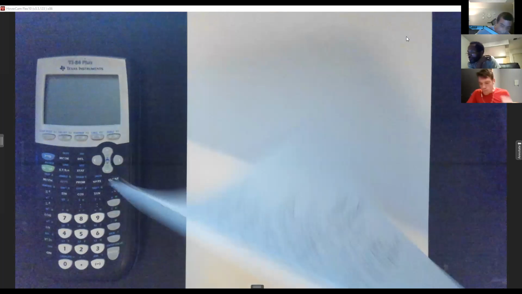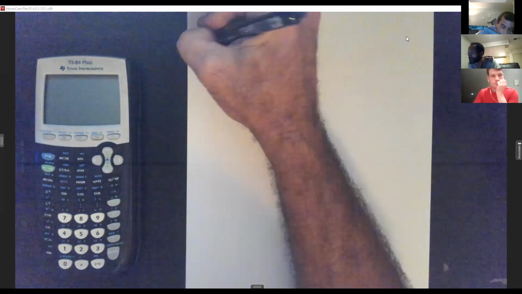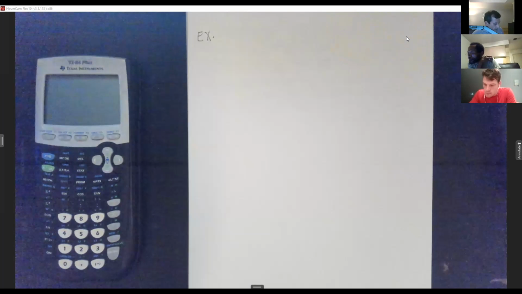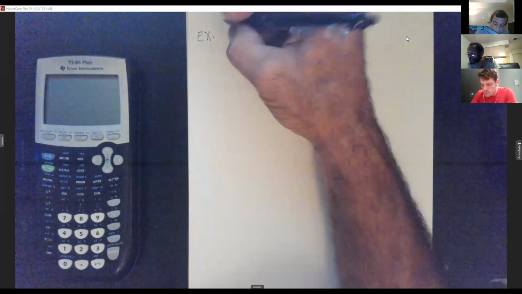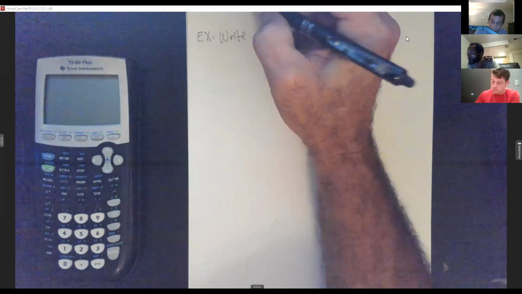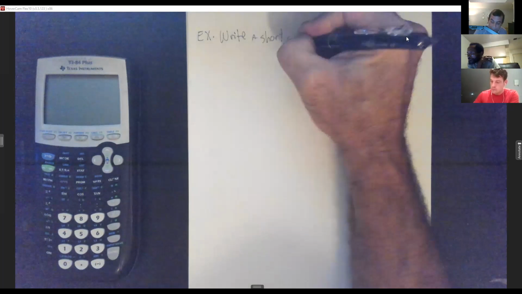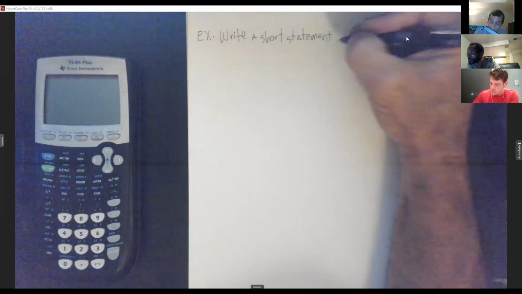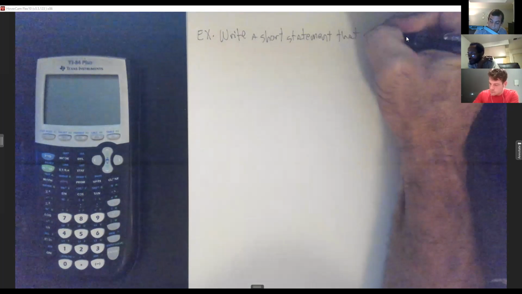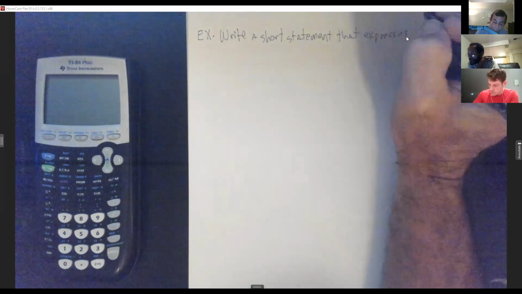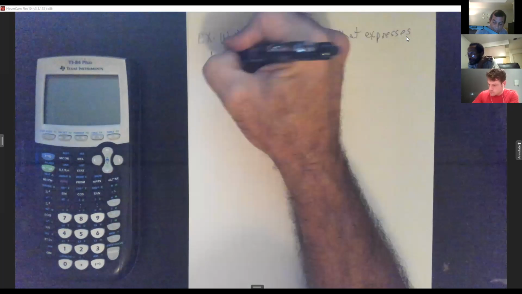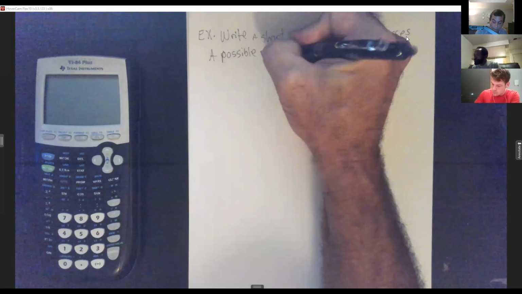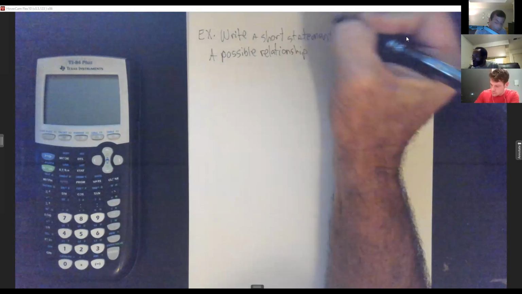So let me change these pages. All right, so here's another example like on your homework. It wants me to write a short expression or write a short statement that expresses a possible relationship between the variables.